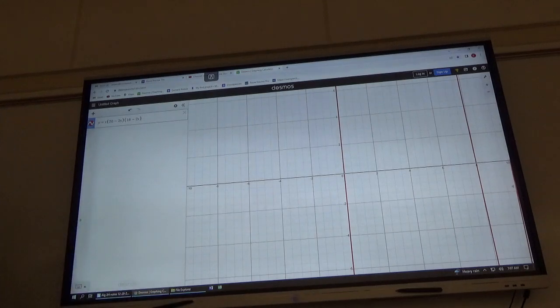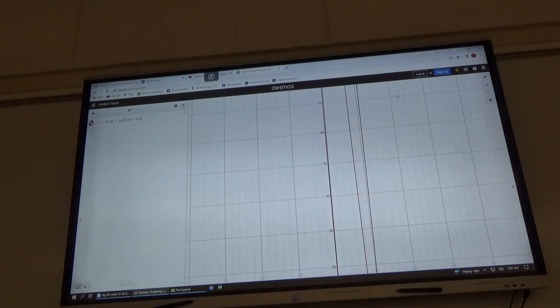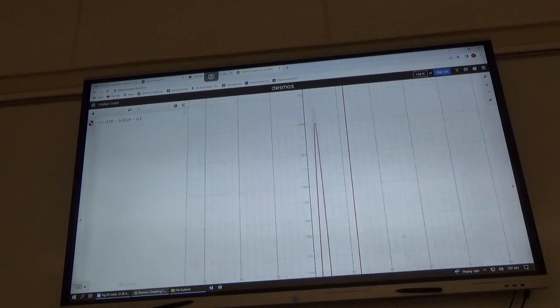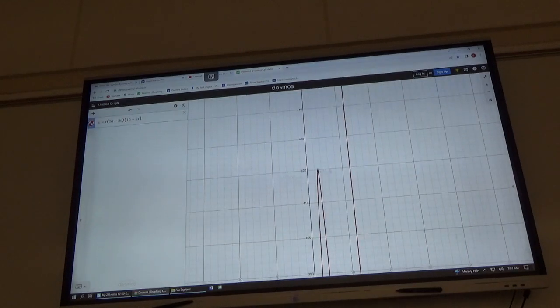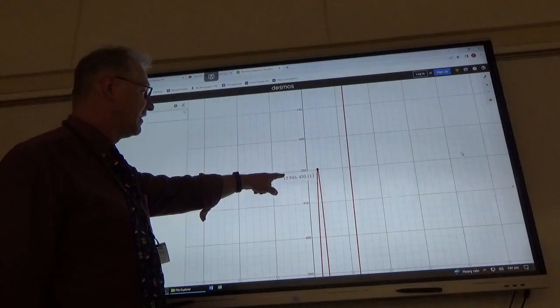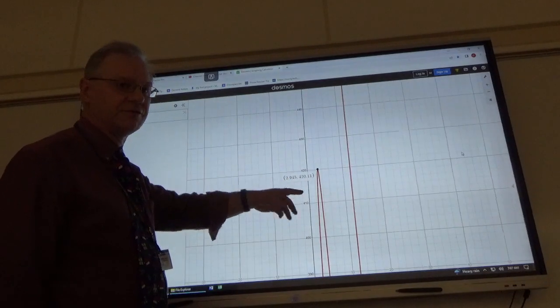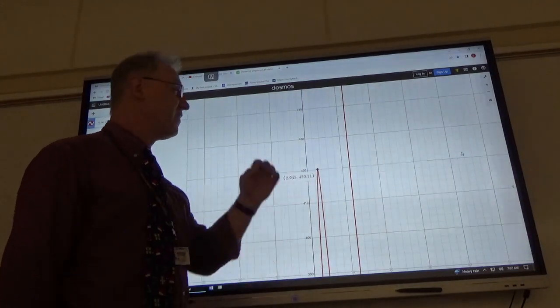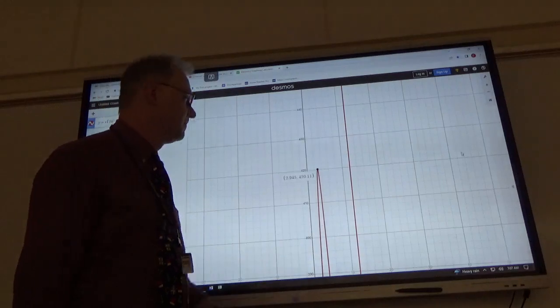Now, I'm going to have to go over to my desk to do this. I'll talk louder. Now, when I look at this, I have to back it out so I can see what's going on. And way up here, you'll find the highest point. The highest point up here is an x value of 2.945, awfully close to 3, and 420.11. That is the maximum for this.